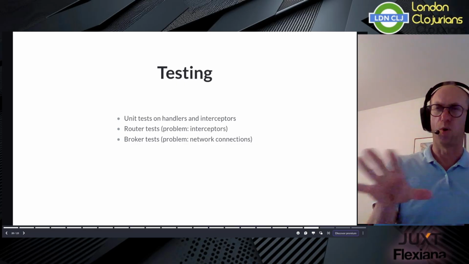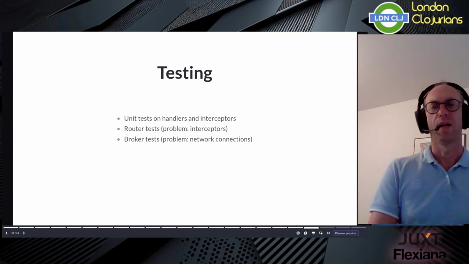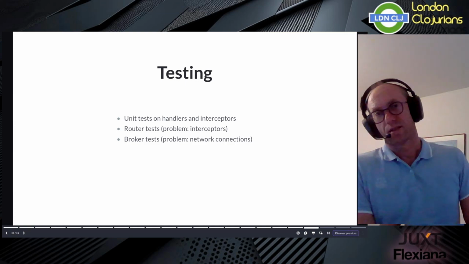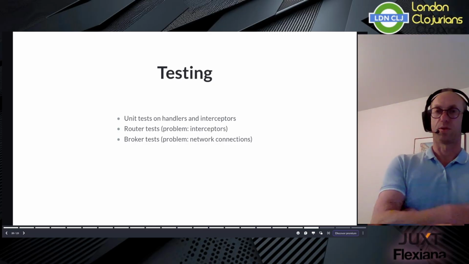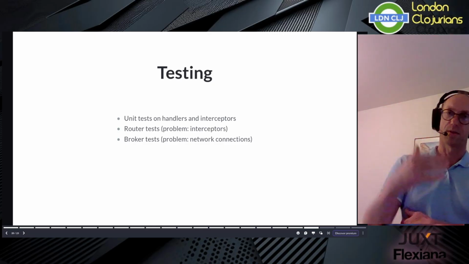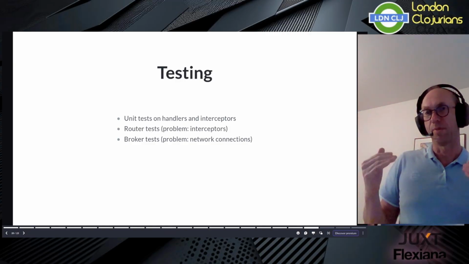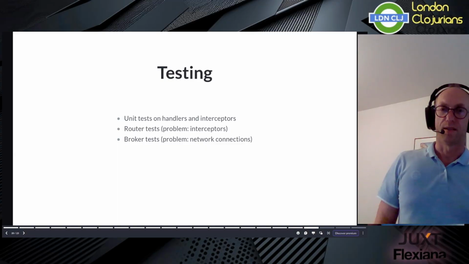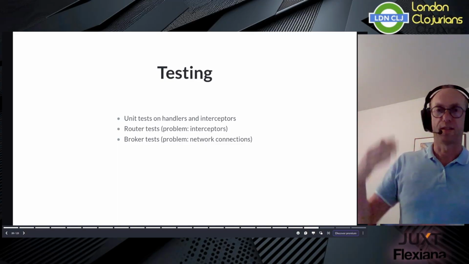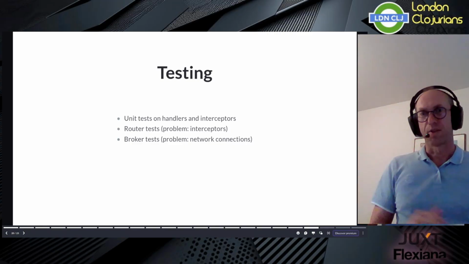I will not go into detail here in this presentation on how to do that. Something else that I think is the most important part here is how to test your routers. We already saw the routing structure. These were just simple ones, but in a real application that can become a very complicated structure with many types of events, with many handlers. Each of those handlers can have their own interceptor chains.